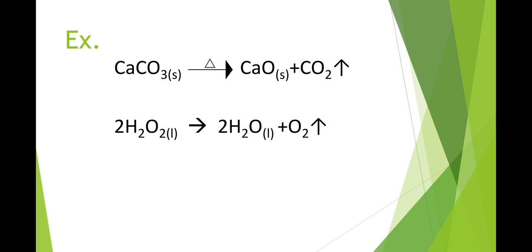Now our next reaction is regarding the decomposition of hydrogen peroxide. Hydrogen peroxide naturally undergoes slow decomposition and it gets decomposed into water and oxygen. Here we are not using any extra amount of heat. Simply in the light the hydrogen peroxide gets broken down into water and oxygen.